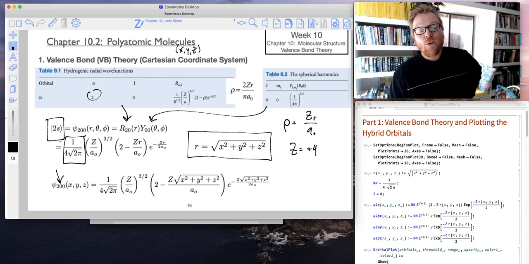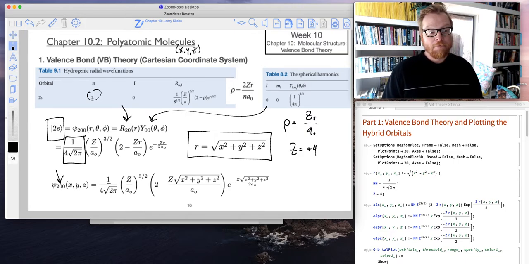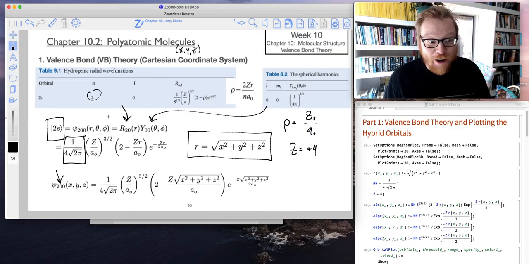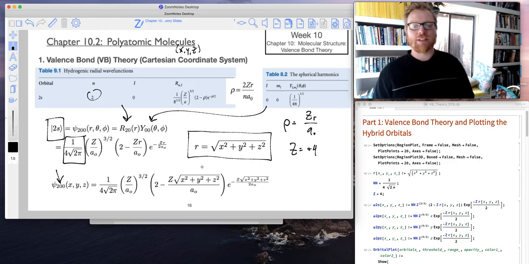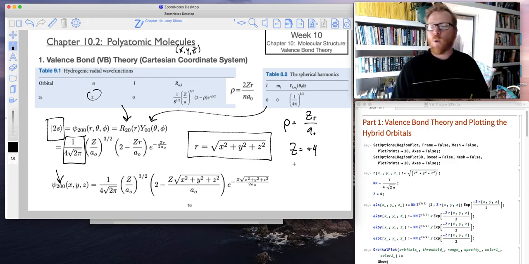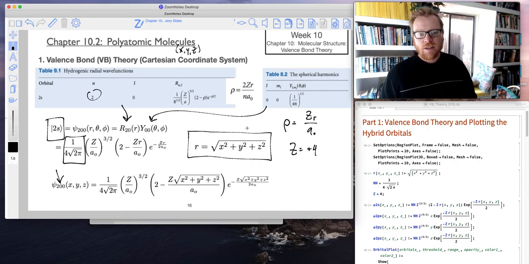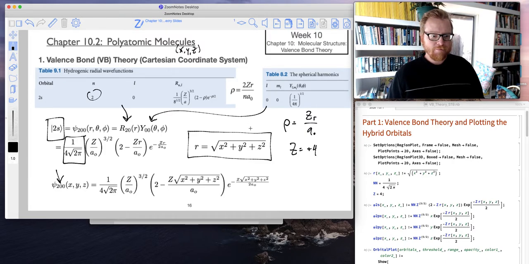which, again, is a matter of convenience. We know that really all of these wave functions are only one-electron wave functions. These are hydrogen wave functions. But I put a Z of plus 4 just for convenience, so the math and the visualization work out nicely with Z equals 4.